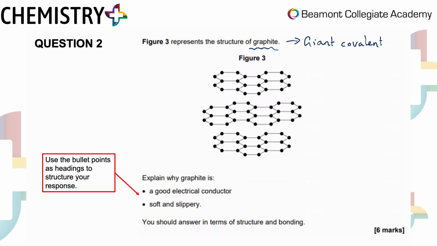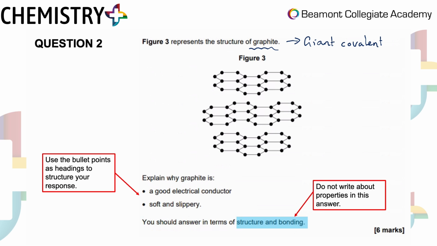This question has been split into bullet points, so use these bullet points as headings to structure your response. It also wants us to talk about structure and bonding, so do not write about the properties in this answer. It's a 6-mark question, 2 headings: a good electrical conductor, soft and slippery.